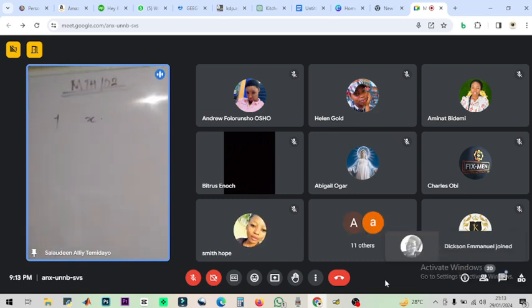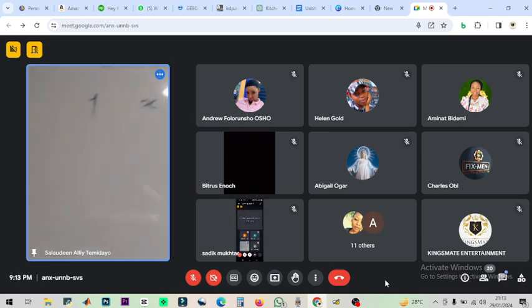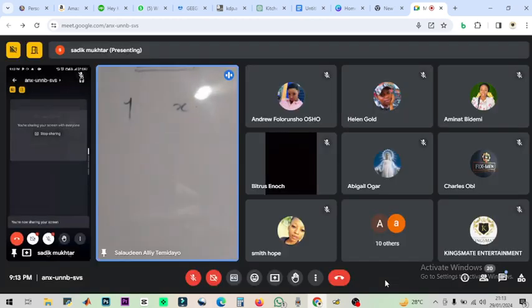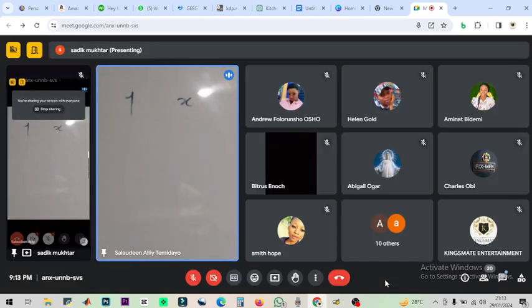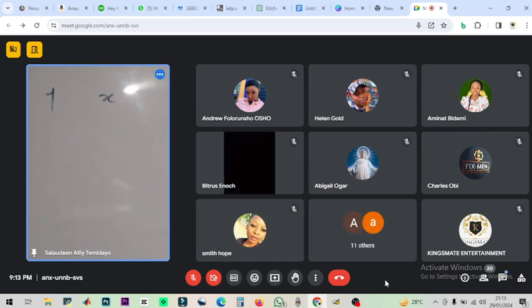This is a variable x. There are two different quantities. What is going to tell us whether these are functions is a relationship that exists between both of them. It's an equation that connects them together. That's what determines whether they are functions or not.